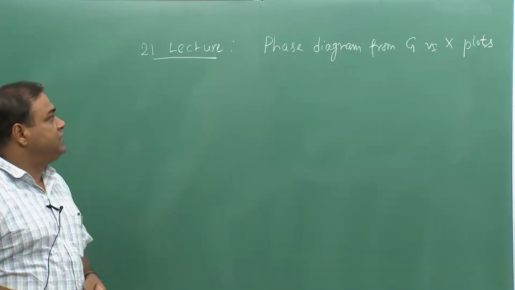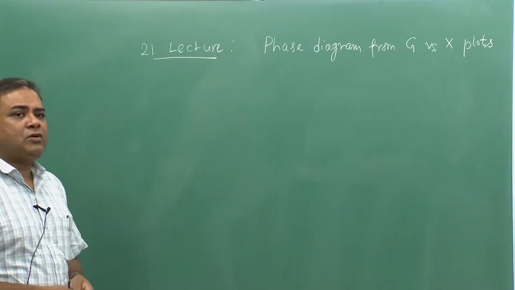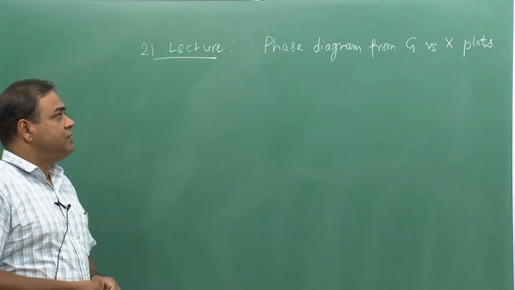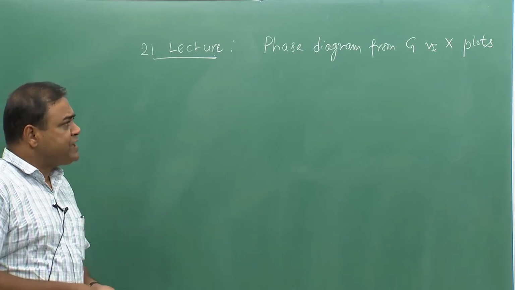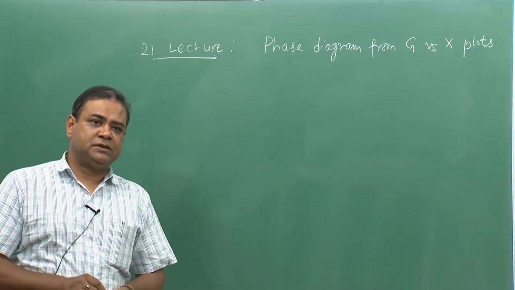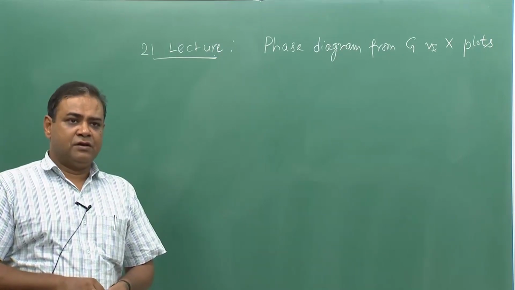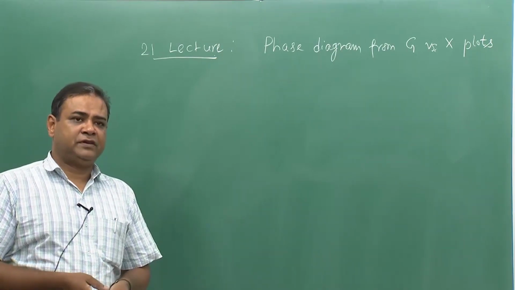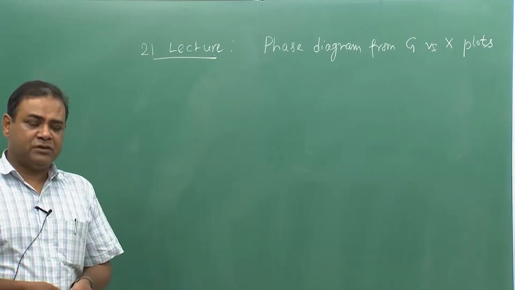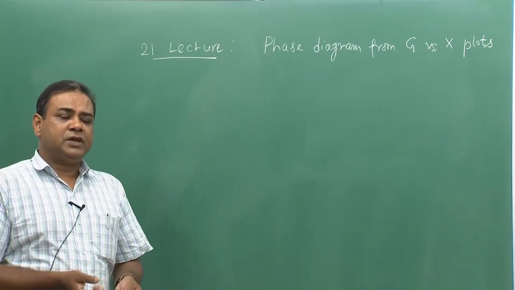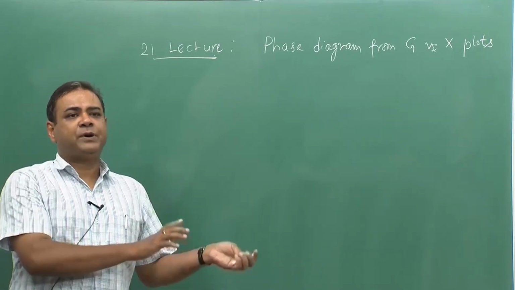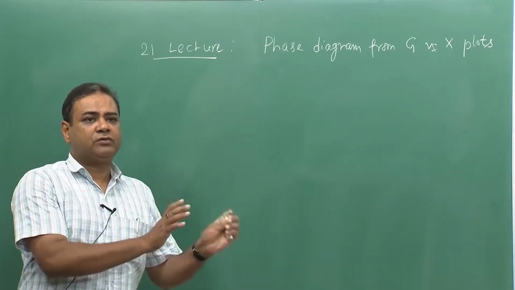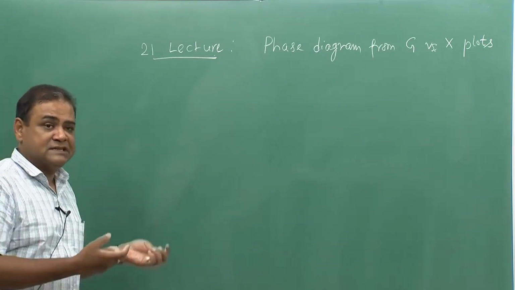Now, today our intention would be to find out the phase diagram from the free energy and composition plot. The free energy and composition plot can be derived from the consideration of an ideal solution, or you can also extend it to a real solution, but that part we are not going to discuss in greater detail.